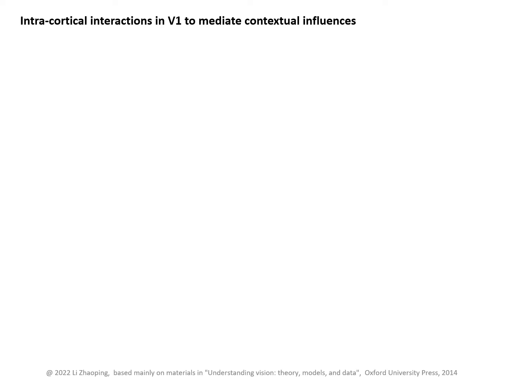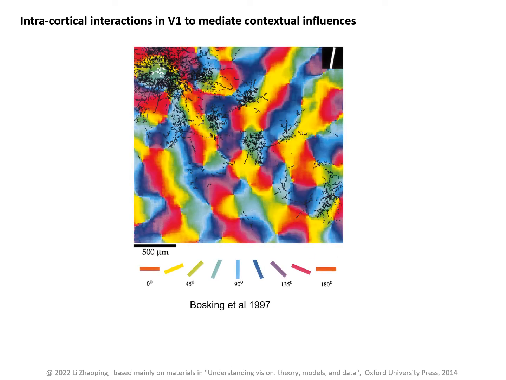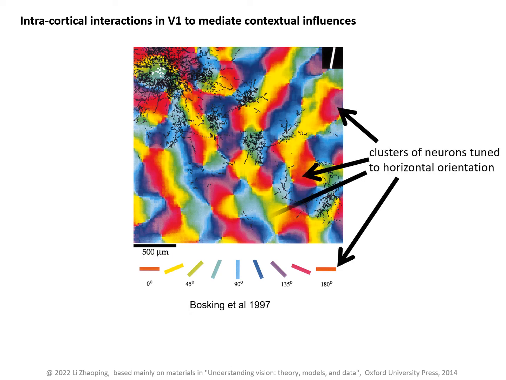Contextual influences are likely caused by interactions between neighboring V1 neurons. Here is an image to visualize a surface segment of V1. Since this is 500 microns, this area is slightly less than 3 by 3 millimeters. The red-colored patches visualize local clusters of neurons tuned to horizontal orientation.